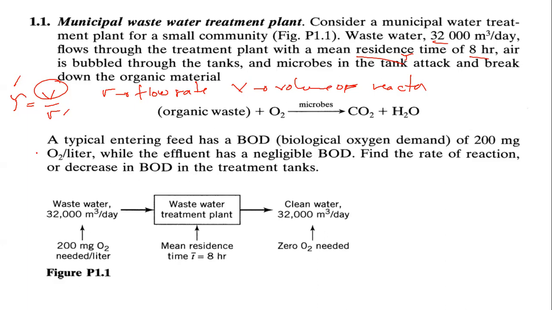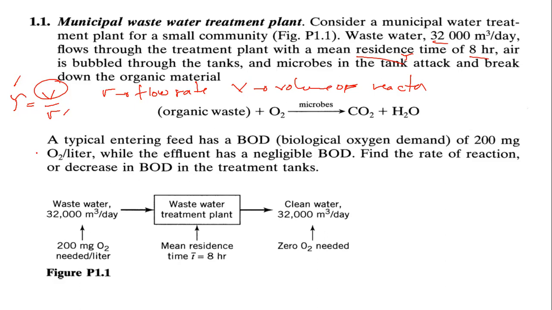Consider a municipal water treatment plant for a small community. Wastewater, 32,000 cubic meter per day, flows through the treatment plant with a mean residence time of 8 hours. Air is bubbled through the tanks and microbes in the tank attack and break down the organic material. That's what a waste treatment plant is, it's just mixing. While it is being mixed, this is called the aeration process, which introduces oxygen.